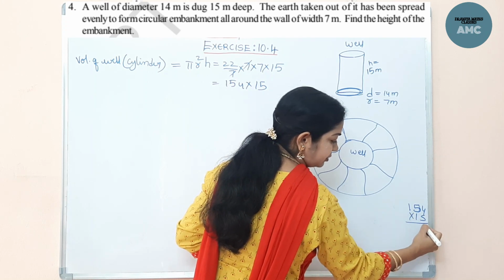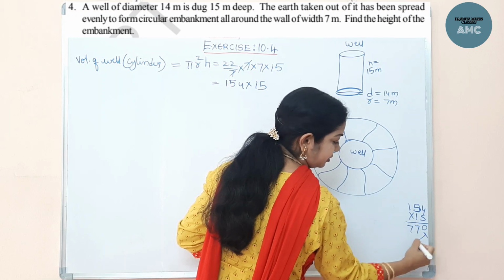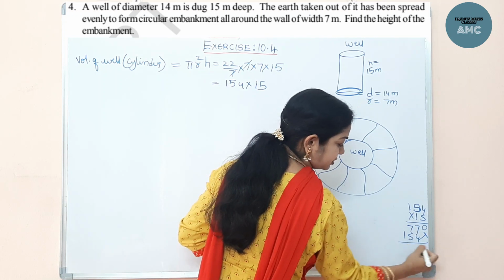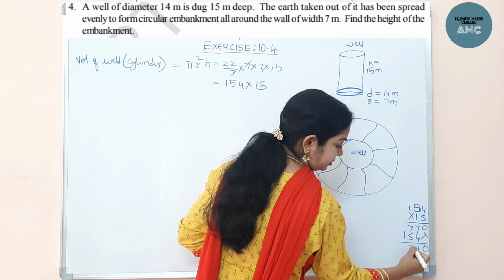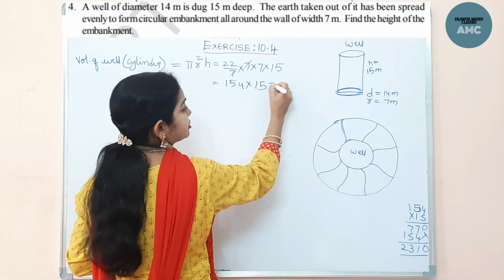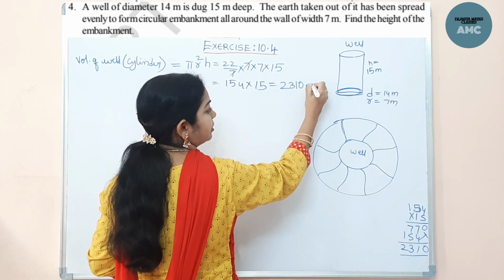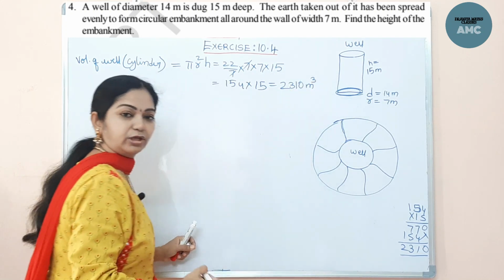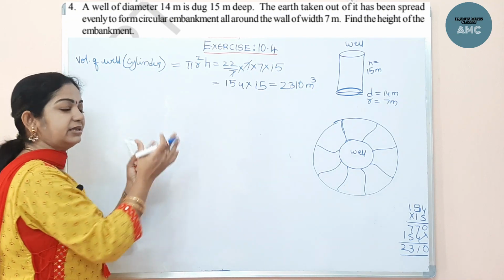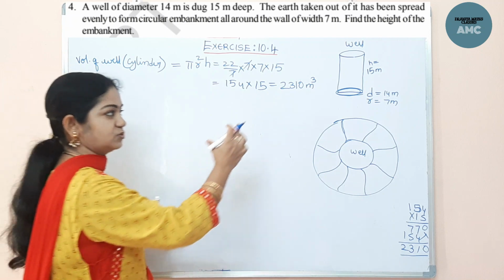So this comes to 2310 meter cube, or cubic meters. That is the amount of earth that is being dug from this well.